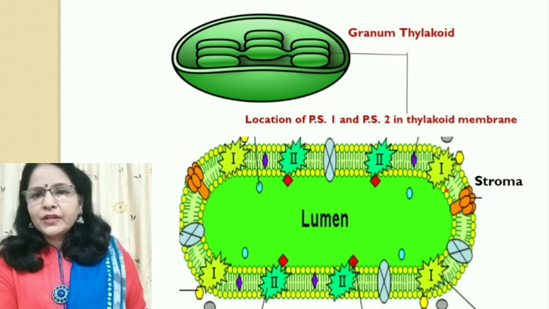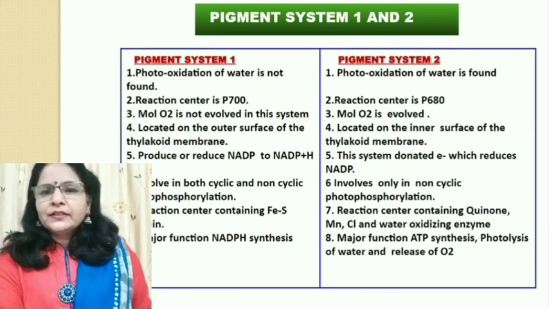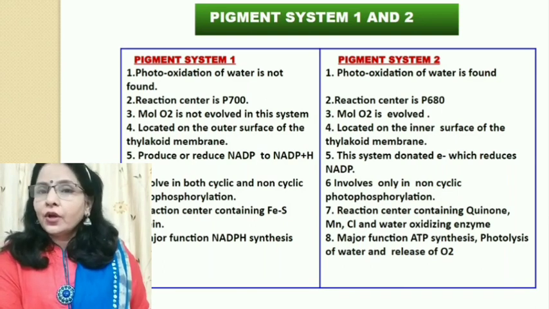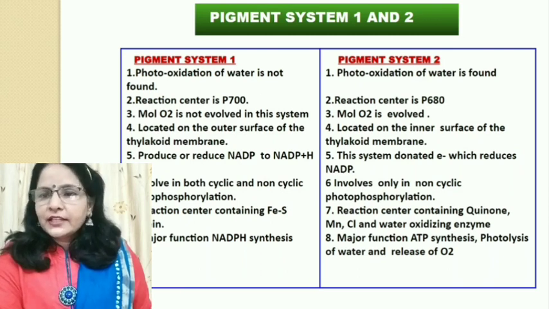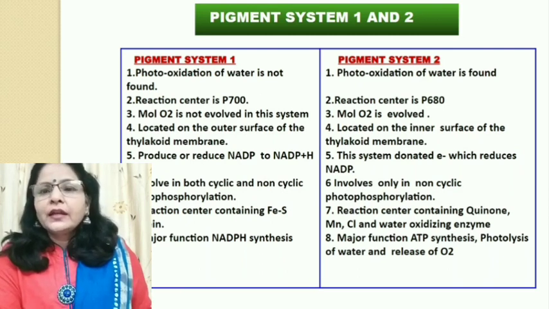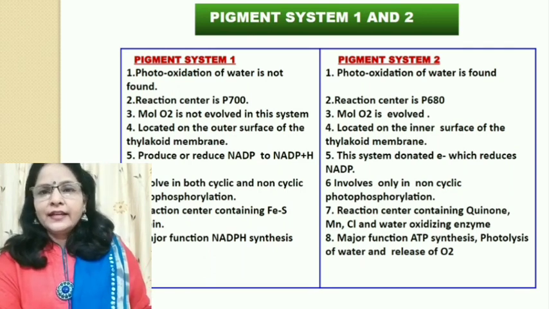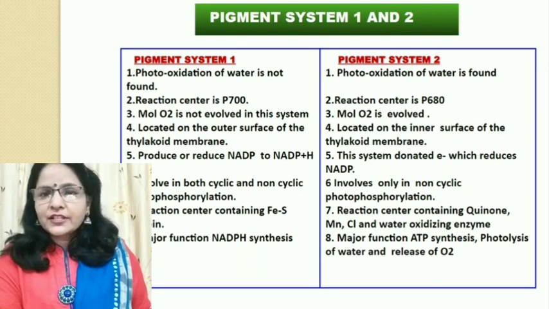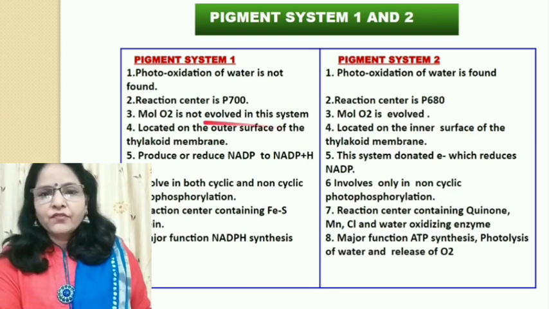Now the difference between pigment system 1 and pigment system 2. In pigment system 1, photooxidation of water is not found, and in pigment system 2, photooxidation of water is found. Actually, after photooxidation of water, oxygen is released. So in pigment system 1, oxygen is not released, but in pigment system 2, oxygen is evolved.